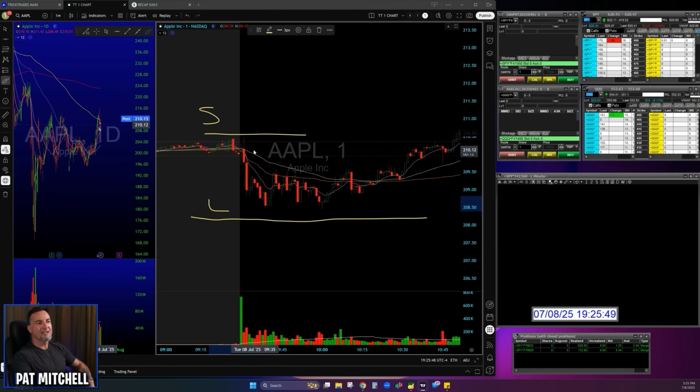Below resistance, we will short resistance. So above support, long support. Below resistance, short resistance.